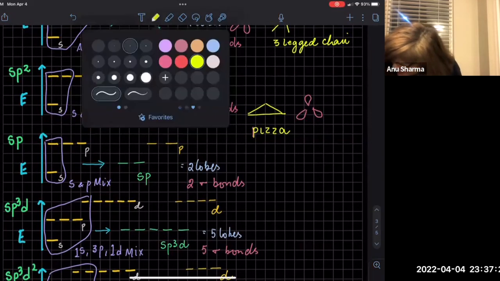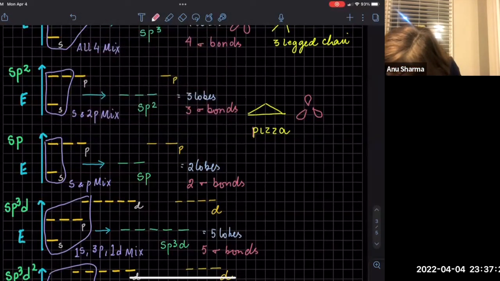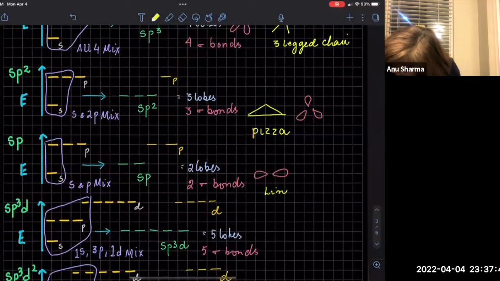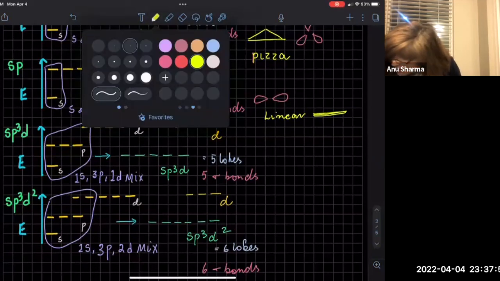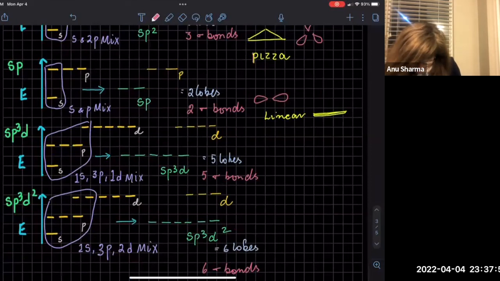Sp is just 2 lobes. So the 2 lobes are like that. And these 2 lobes are like a rod or a stick. So it's more like a linear shape, like a line, more like a rod. Okay. Next is the 5 lobes, and those 5 lobes are going to be placed like a skewer piercing a pizza.